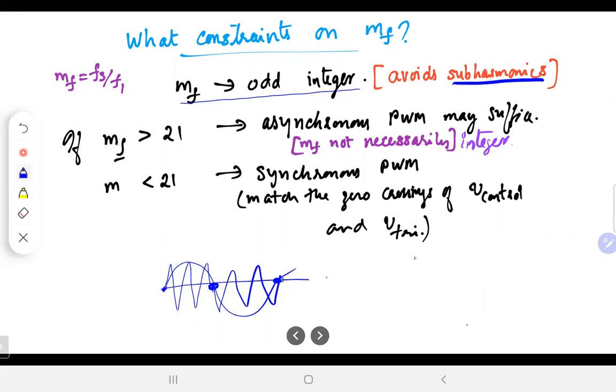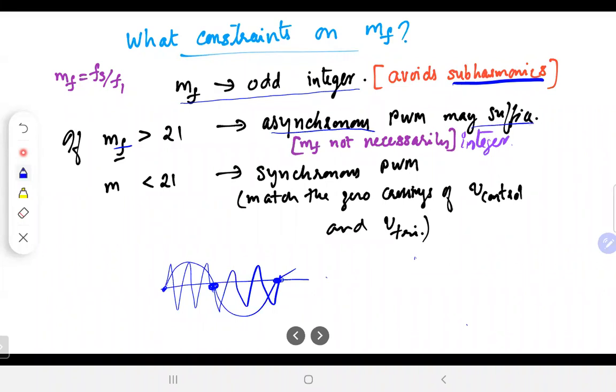Now, for very high frequencies, or when MF is greater than 21, it is found experimentally or empirically that if you choose MF sufficiently large, then even asynchronous PWM may suffice.